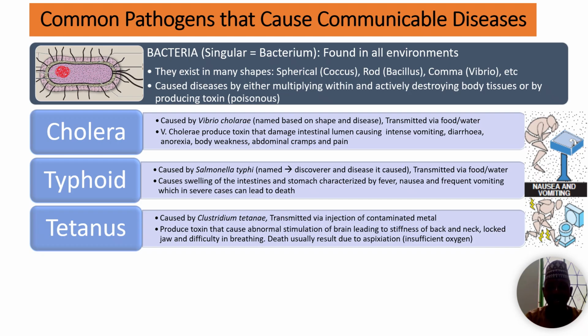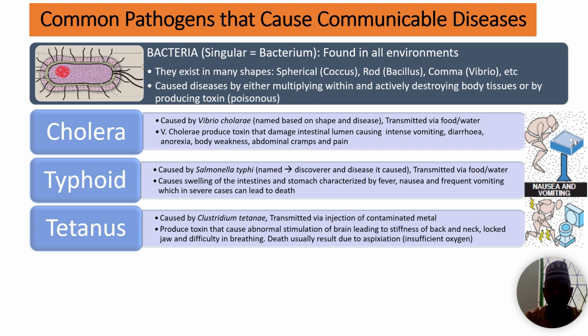It attacks and causes abnormal stimulation of the brain, which leads to stiffness of the back and neck, lockjaw, difficulty in breathing, and many other stimulative effects from the brain. The individual may die as a result of insufficient oxygen, in a case referred to as asphyxiation.